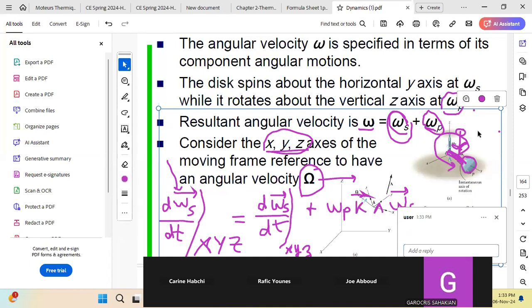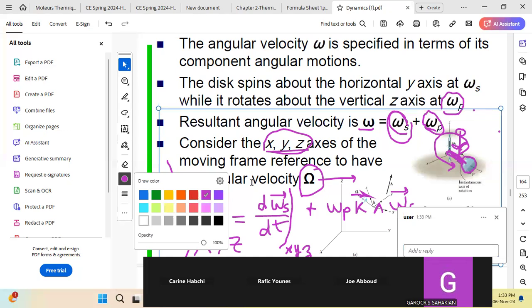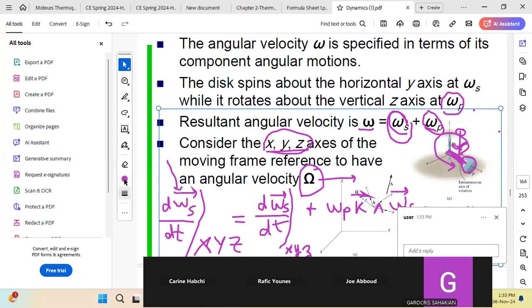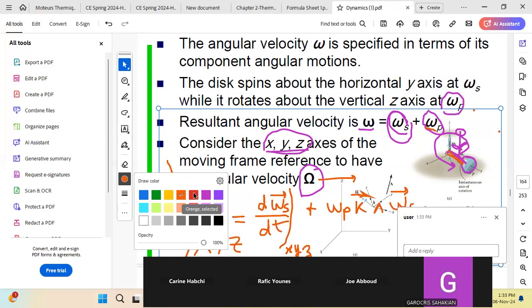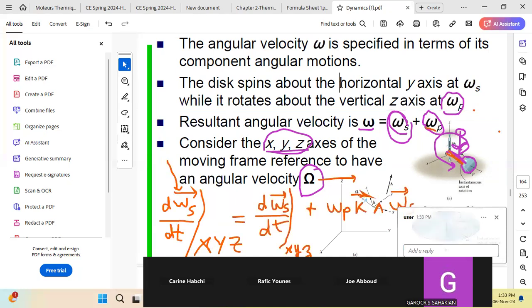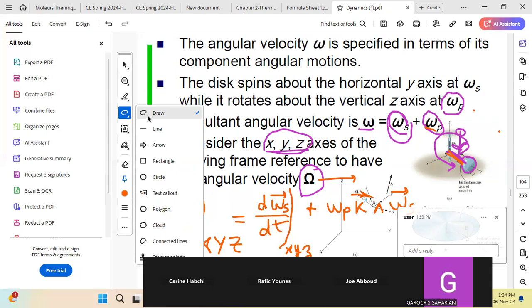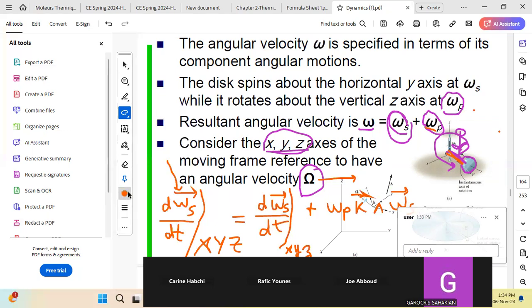So because I have rotation about a fixed axis relative to small x, small y, small z, when I derive omega s with respect to time in this frame, I will obtain alpha s, along the same direction, because when you have rotation about a fixed axis, both alpha and omega will be along the same axis.